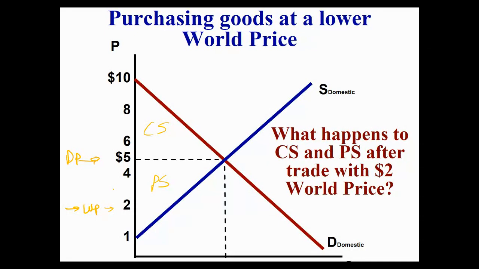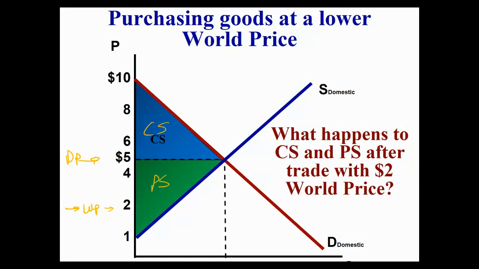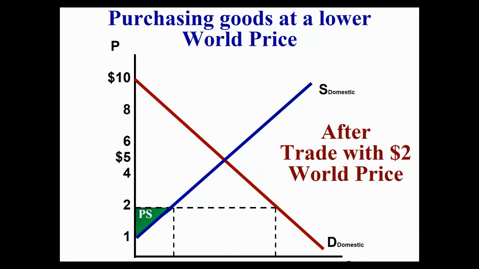They would like to buy at $2. But producers don't like that. Producers don't like that at all. Okay. So here is consumer surplus, right? Here is producer surplus.